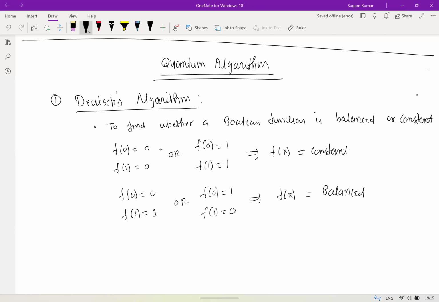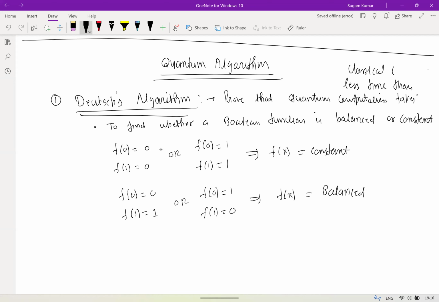So this Deutsch algorithm was the first algorithm developed to prove that quantum computation takes less time than classical computation.